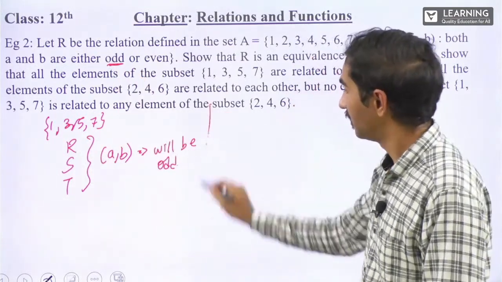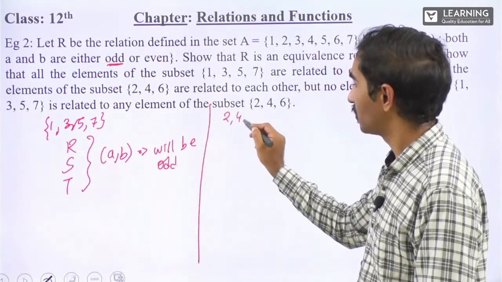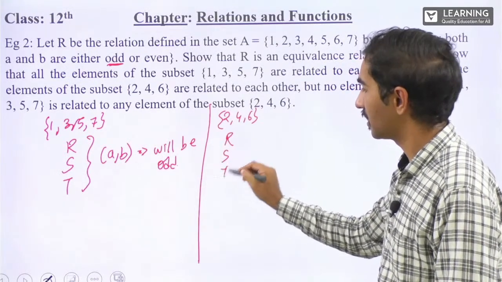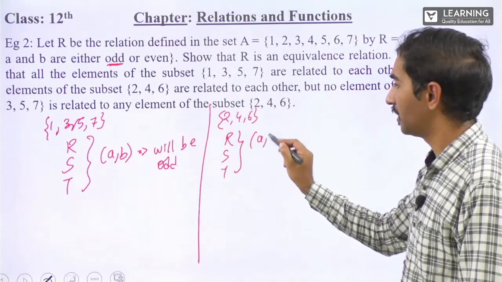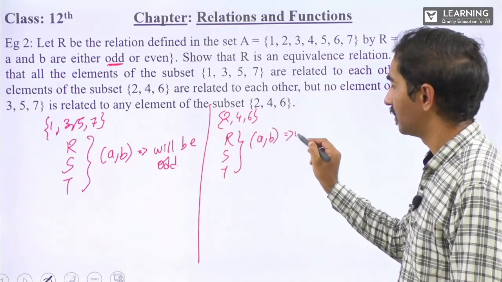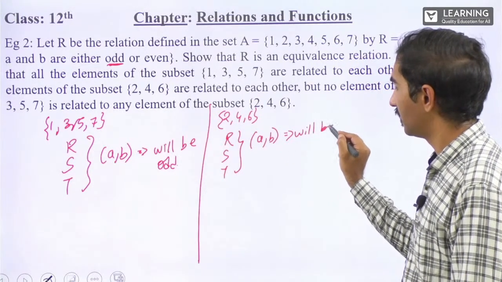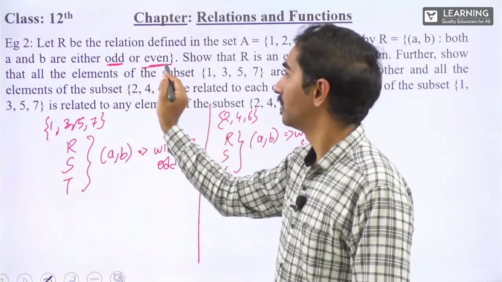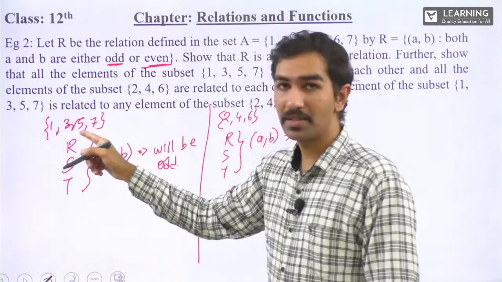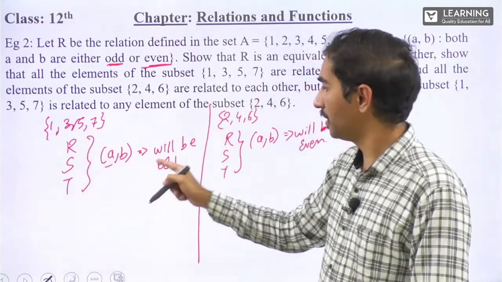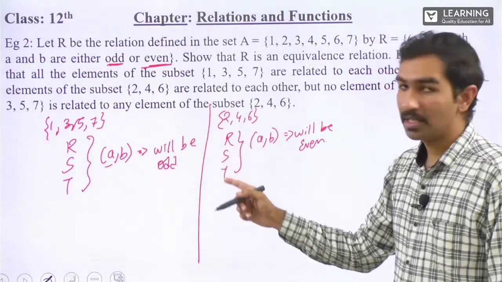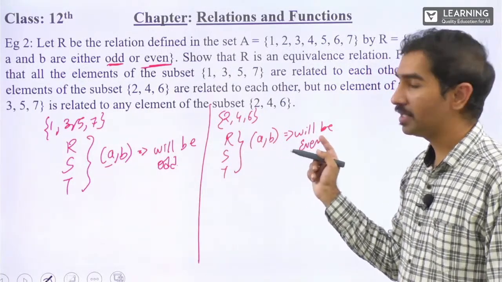Similarly, take 2, 4, 6 also. Apply it for reflexive, symmetric and transitive. Here also we can tell A, B will be even. So this is satisfying all the three relations when A, B is odd, and this is also satisfying all the three relations when A, B is even.